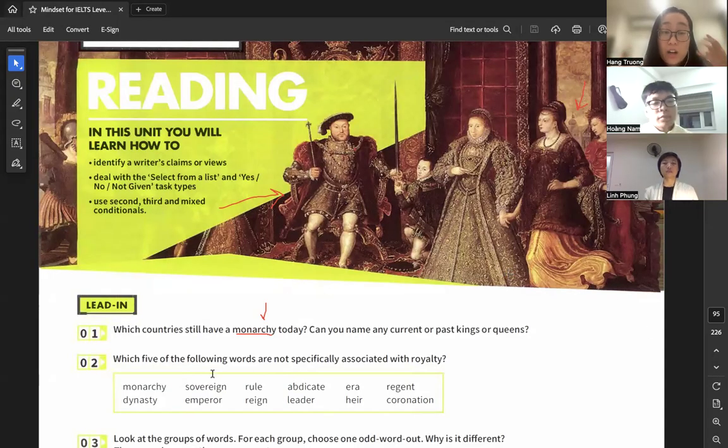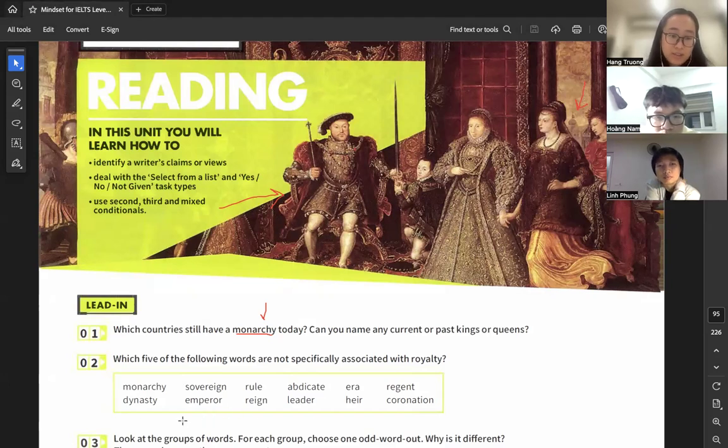So there are going to be some words that we can immediately associate with when we think of the word monarchy or the word royalty. So now let's look at this box. There are in total 12 words. What I need you to do right now is to pick out 5 words in this box that are not specifically associated with royalty. So let's do it together, okay?